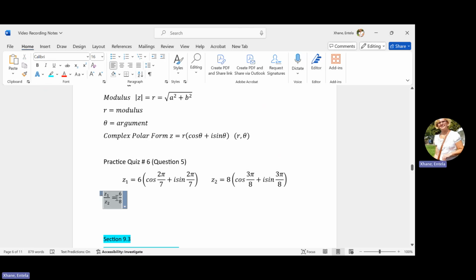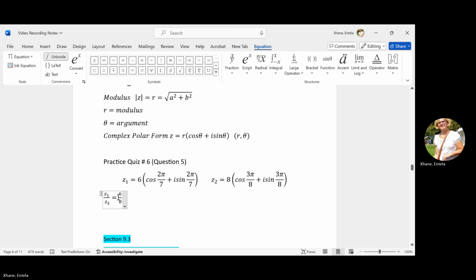Okay, I'm good. So I got modulus of the first, 6, divided by modulus of the second. So now I'm going to get to cosine. I have to use parentheses because it's going to be 2 pi over 7 minus 3 pi over 8.